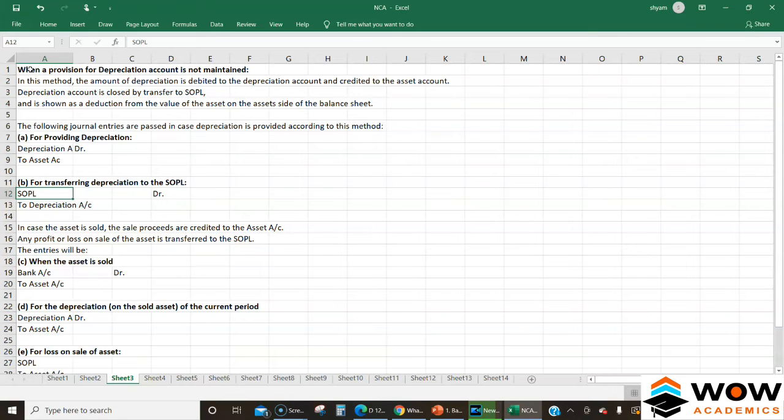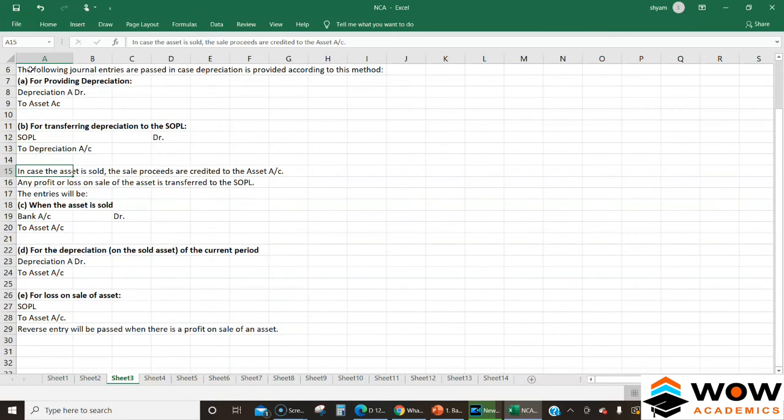Whenever the asset is sold, the sale proceeds are credited to the asset account. Any profit or loss on the sale of the asset is transferred to the SOPL.